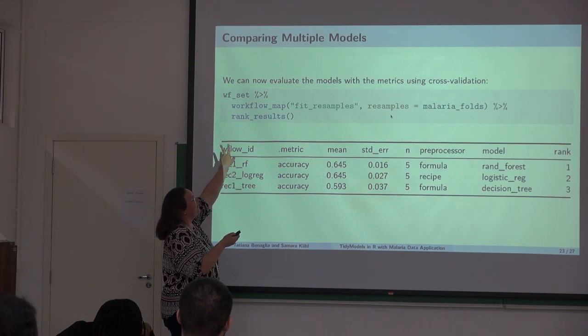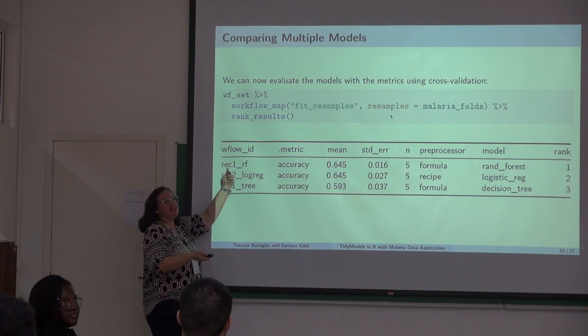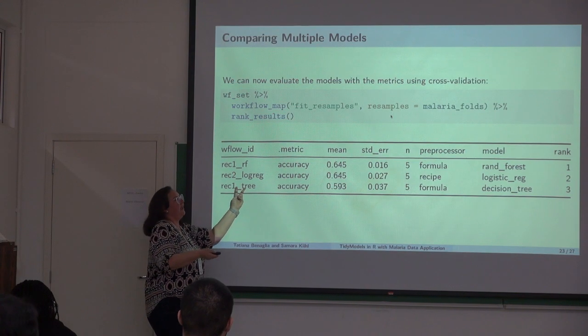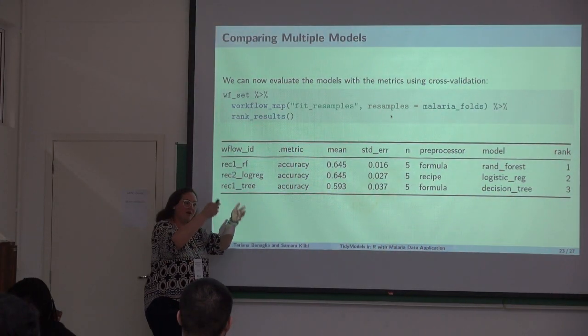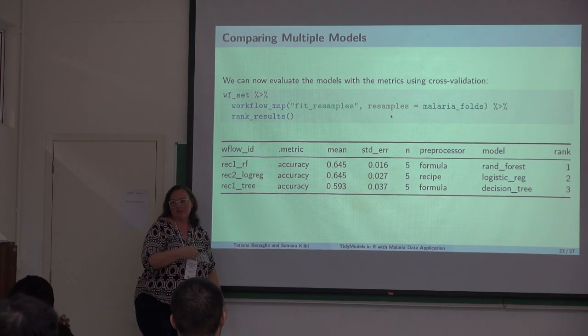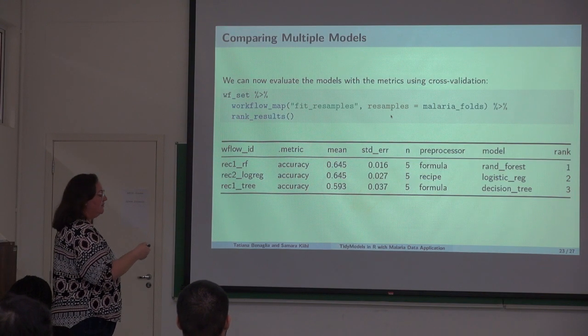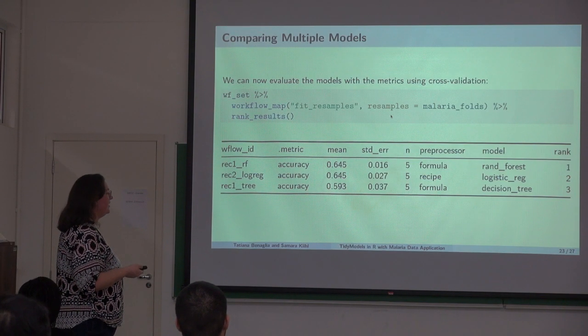And already can ask for ranking results. It's gonna say, okay, recipe one, this workflow, each one is a workflow. And it gives you the metrics. So that's easier. You can have a bunch of workflows here, and in this line you get all the cross-validated metrics. Okay, so it's fast.